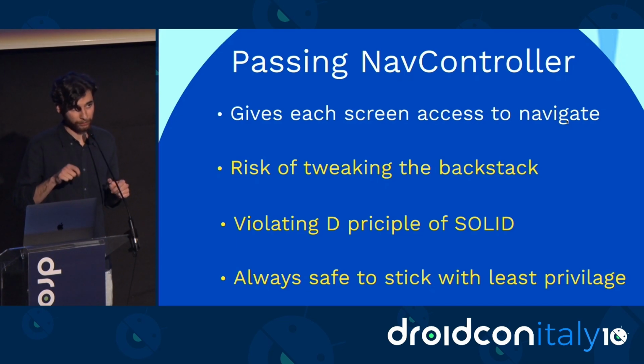And making our screen dependent on the Nav Compose is not good, because maybe in future we want to stop using Nav Compose and use something else. We also need to modify each screen, because we are using the Nav Compose directly inside our screens. It is basically the NavController that we are making our screens dependent on.